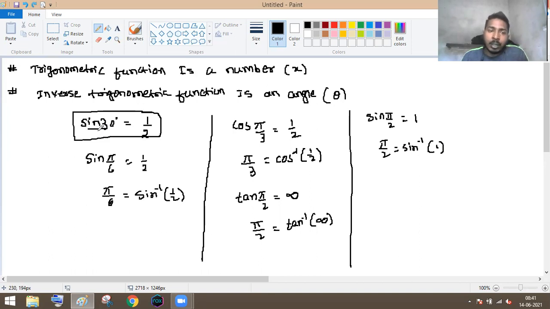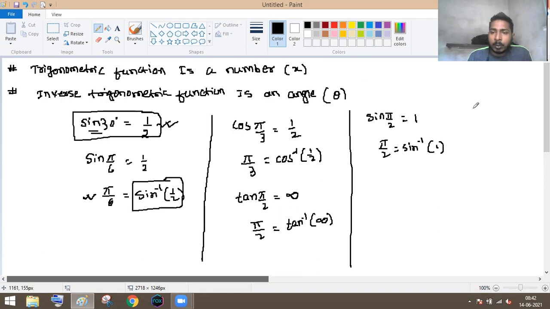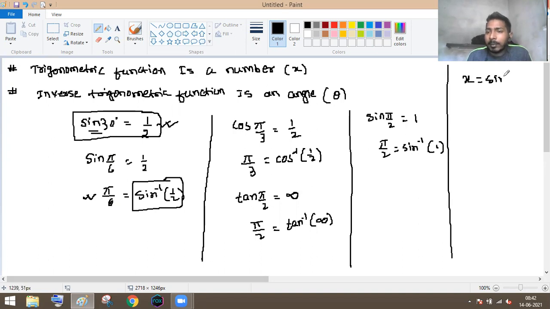Okay, for a trigonometric function we will get an answer as a number, but when we discuss the inverse trigonometric function, ITF, our answer will be an angle. So from here we can say that suppose we have x equal to sine theta. What is x here? Can we say that x is a number and theta is an angle?